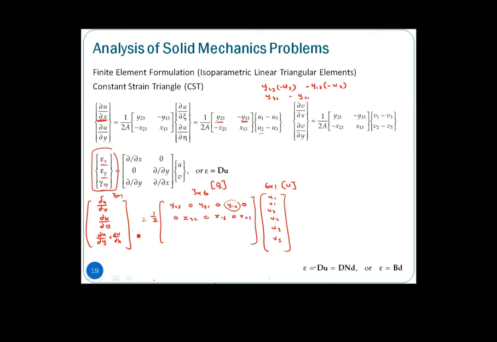Then finally, for del u del y plus del v del x, we have x32, y23, x13, y31, x21 and y12. So that gives us what we have derived just now: our B matrix, which is a 3 times 6 matrix.